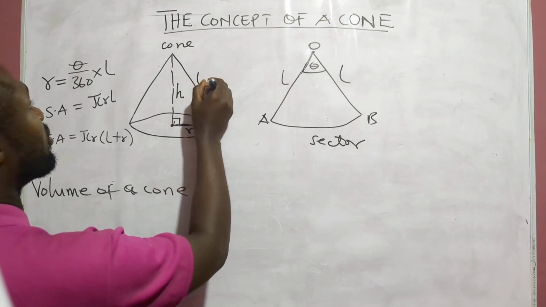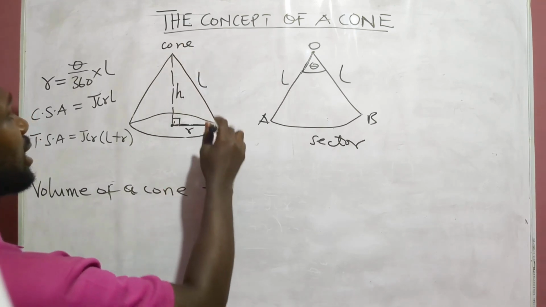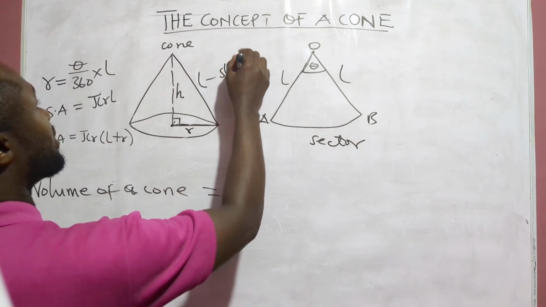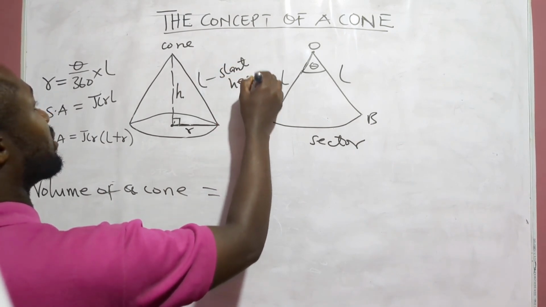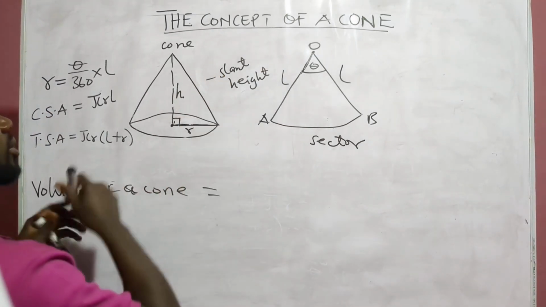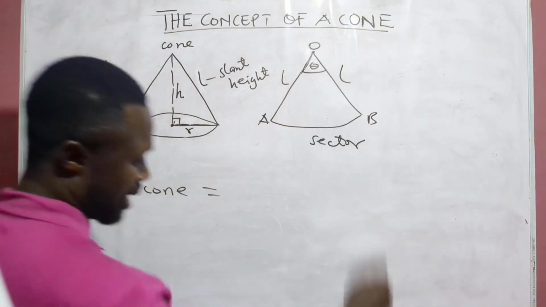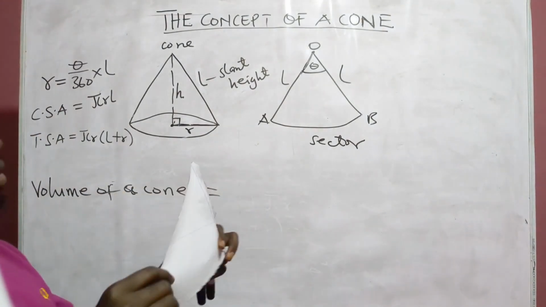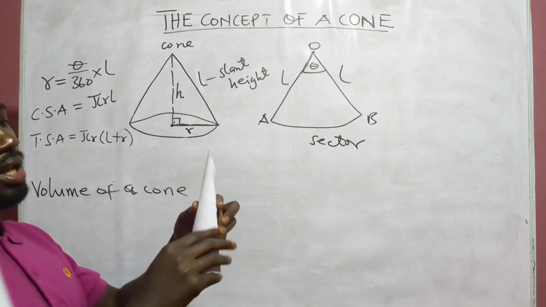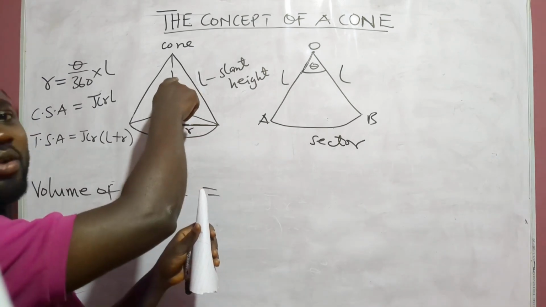What you should take note of is that this side here, the slant, we call this the slant height, and the slant height L is equal to the radius of the sector. Let's come to the sector again. When you fold this, you realize that the radius of the sector becomes the slant height of the cone.